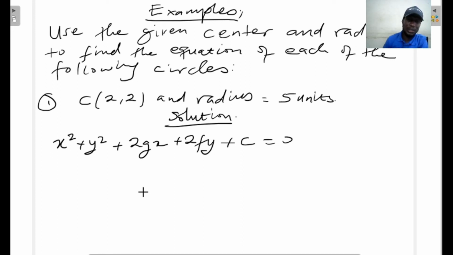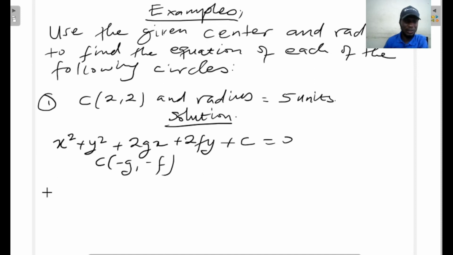Since the center coordinates here are 2, 2, and the center is negative g, negative f, it means g will be negative 2 and f will be negative 2 as well. So let's substitute that.